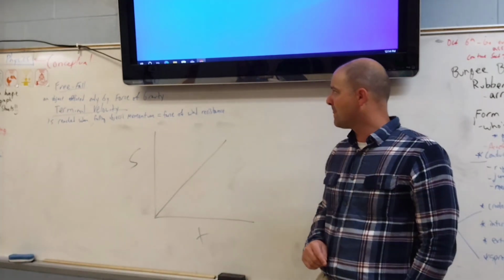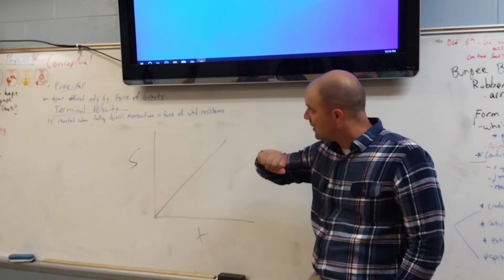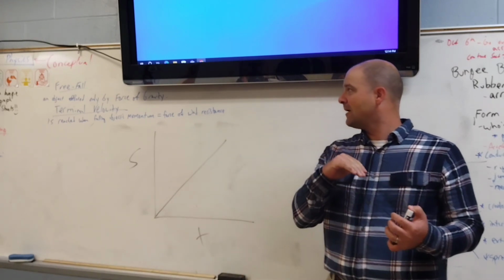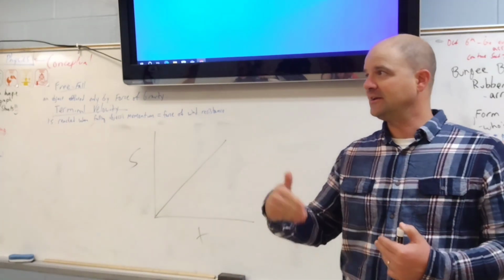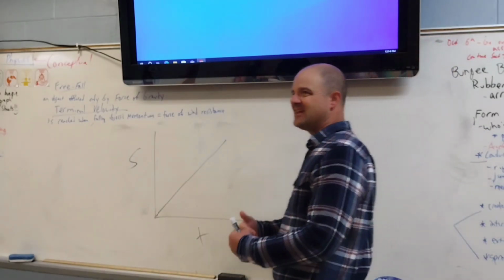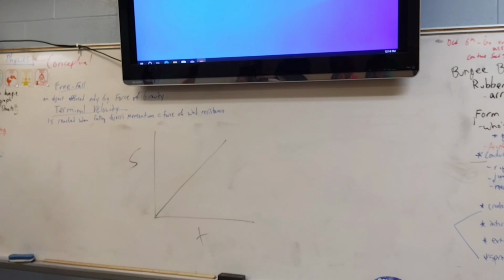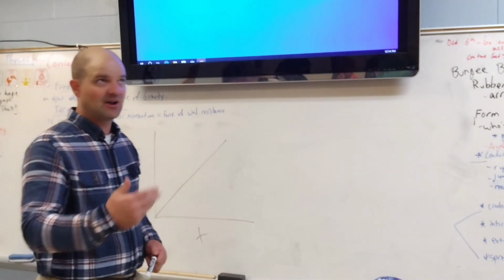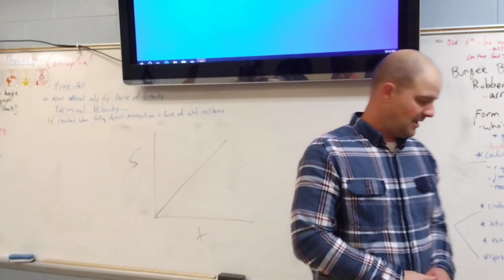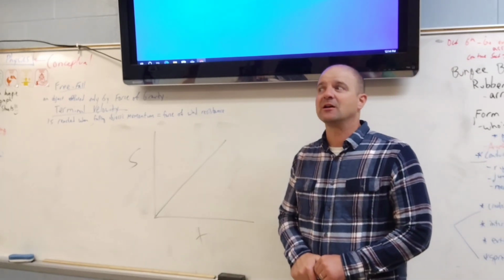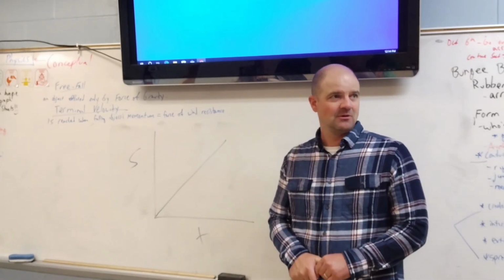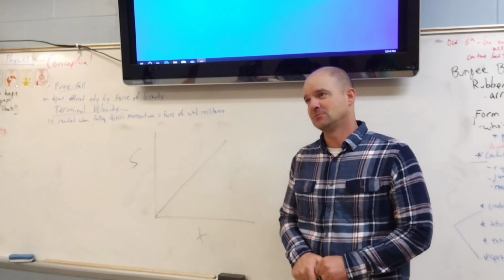Terminal velocity, by the way, is reached when a falling object's momentum becomes equal with the force of wind resistance, the friction acting upon it. In aerodynamics, I think they usually use the word drag for that. Maybe a drag coefficient, right?